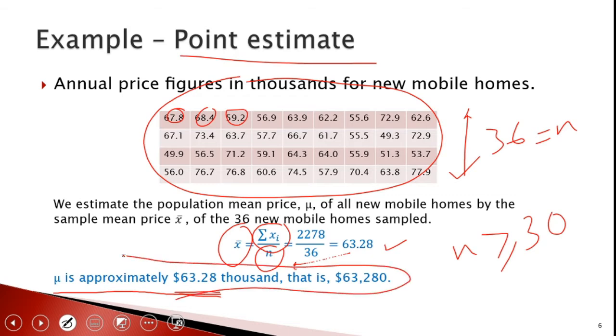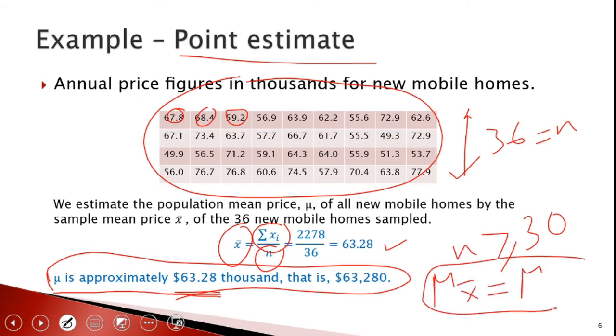So we can consider mu is approximately this one. Why? I have n equal 36, so I can approximate this to normal distributed, and mu, why mu? Mu x bar equals mu. Remember this one. So this is my mu x bar here, so equals mu.